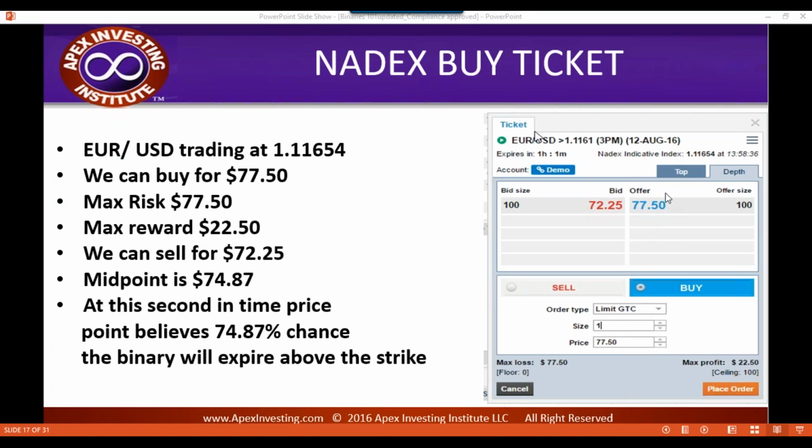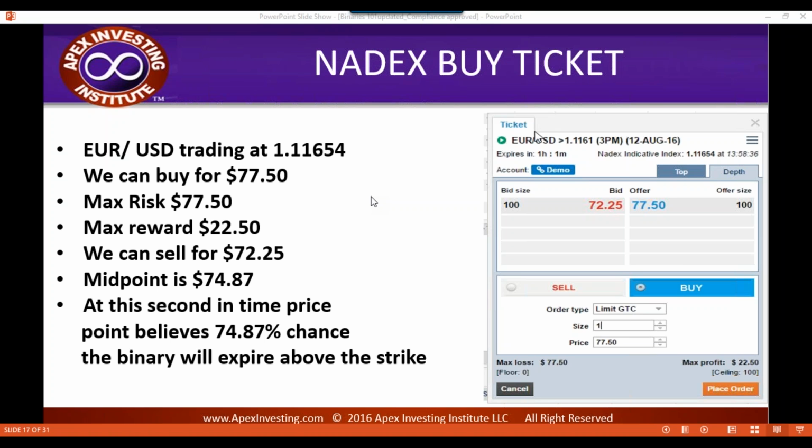If the contract settles and I was right and it's worth $100, then what? I would get a $100 credit. So I would get the $77.50 back plus my profit, right? Minus the fee, obviously. But that's how it would work. As soon as I place the order, that amount is taken out of my account, put on hold until the contract settles. Okay? So let's take a look at something here.